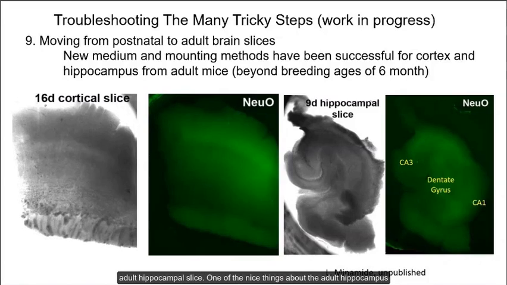One of the nice things about the adult hippocampus is that we seem to be able to maintain much more of the entorhinal cortex and the subiculum going into the hippocampus proper, and this probably allows us to see many more regions, and with the adult slices, maybe be able to see age-related changes that are important.